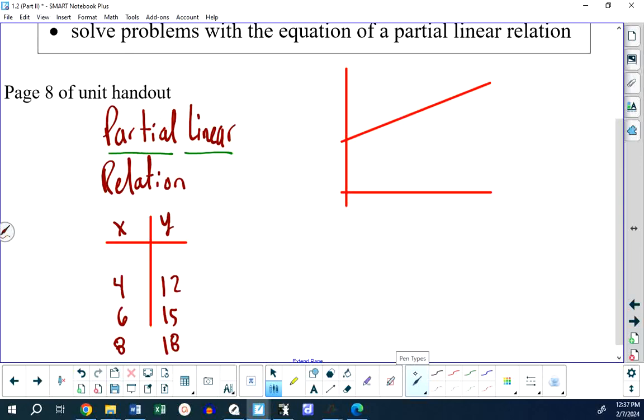Ask yourself if it's following that pattern that we talked about before, where x is going up by the same amount regularly and y is going up by the same amount regularly. So x is going up by 2 each time, y is going up by 3 each time. It's linear, correct?